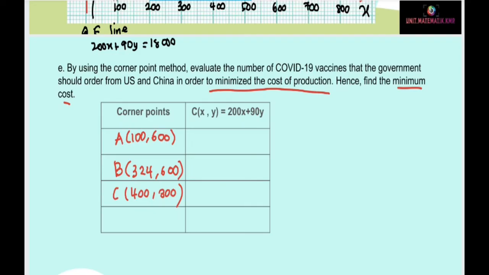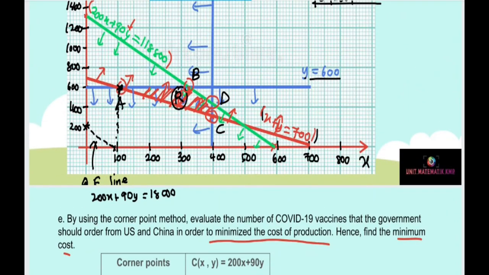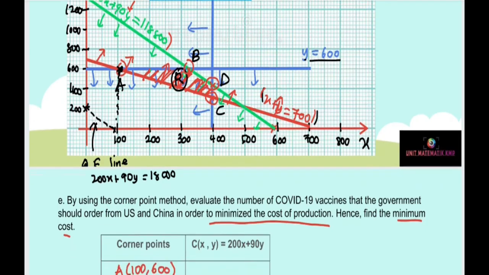And the last point, D. Okay, the point D is the intercept between the blue line and the green line. Same as before, the value of x at point D is 400, so we already know the value of x.